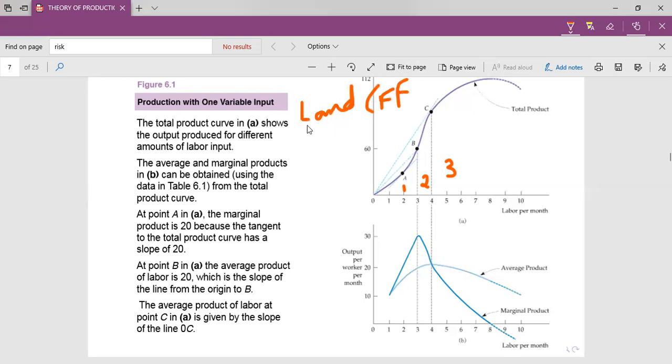So land here is a fixed factor and the fertilizer is a variable factor, because we can change the amount of fertilizers being applied to the soil or to that piece of land. So we are assuming here that fertilizer is a variable factor, right? Of course, we are looking at it from the perspective of production, if it's agricultural production, for example.